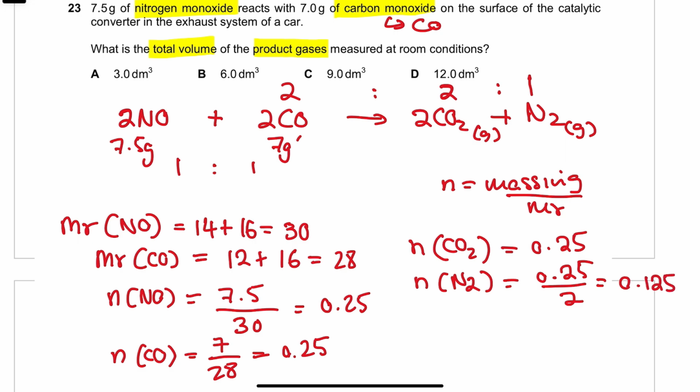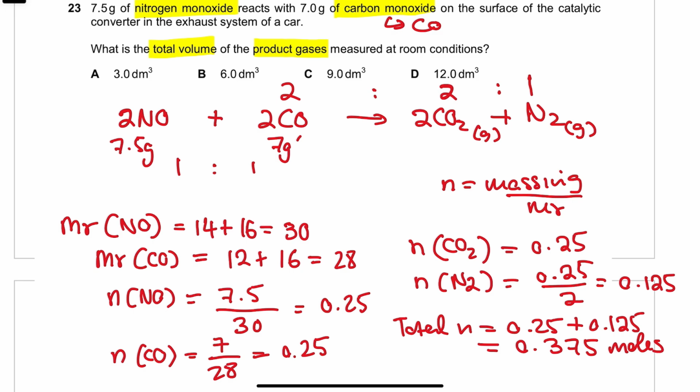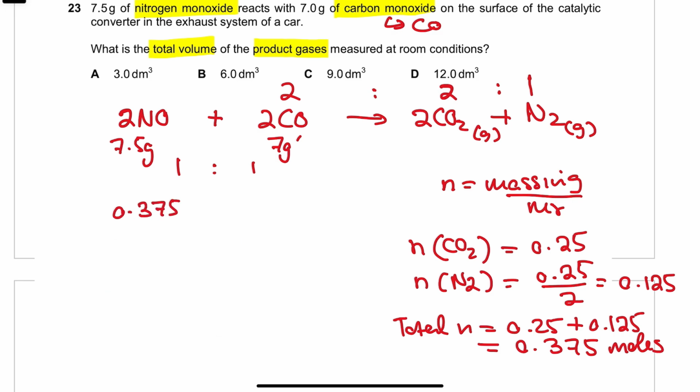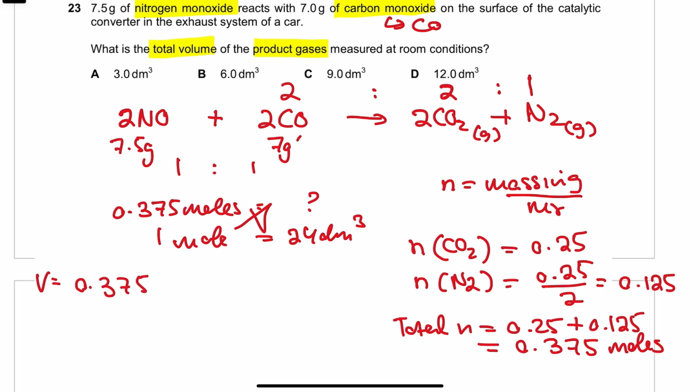In total, we have 0.375 moles. 0.375 moles is equal to something decimeters cubed. 1 mole equals 24 decimeters cubed. So by cross multiplication, the volume is equal to 0.375 times 24, which gives us 9 decimeters cubed. So the answer must be C.